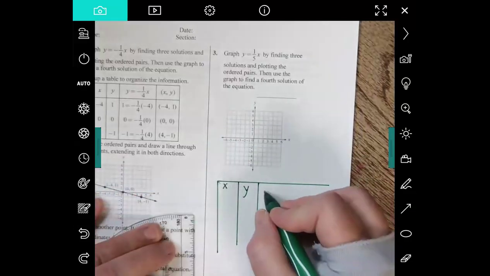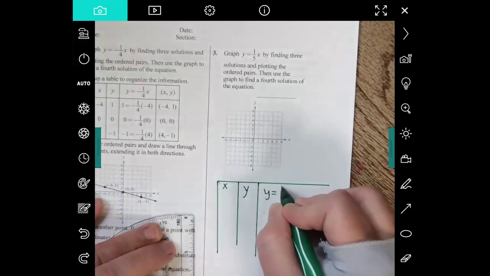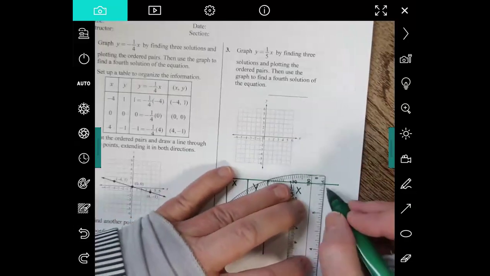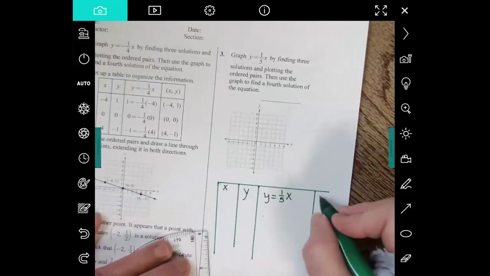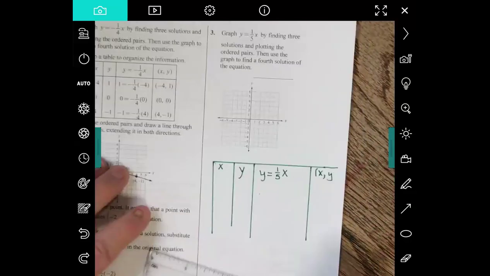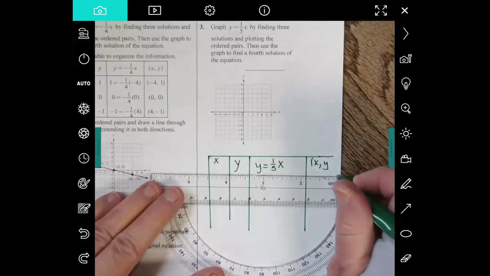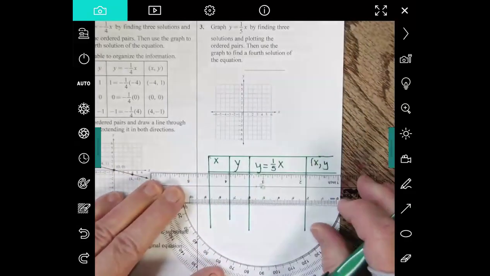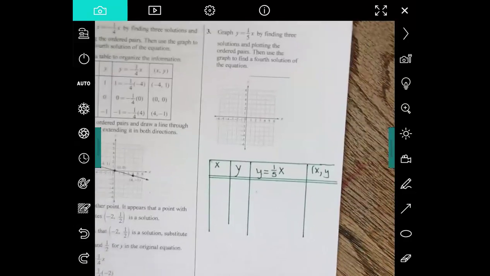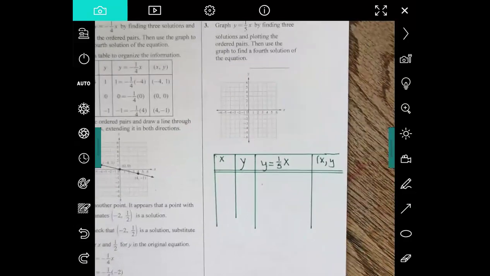And the equation is Y equals 1/5 of X. And then at the end, I need my point. X, Y. Okay, that's going to be my table. My header, I'm going to do double bar on it so I don't get myself mixed up.